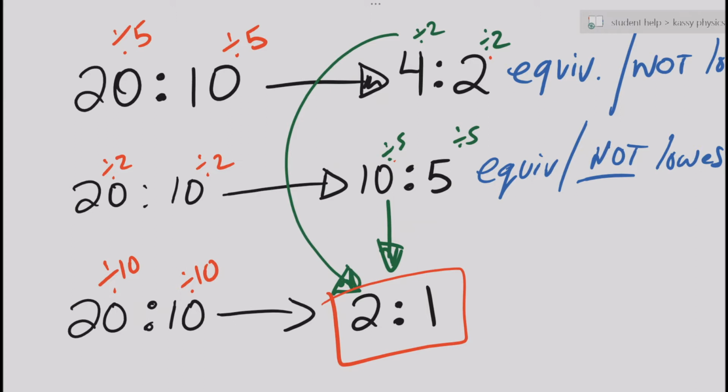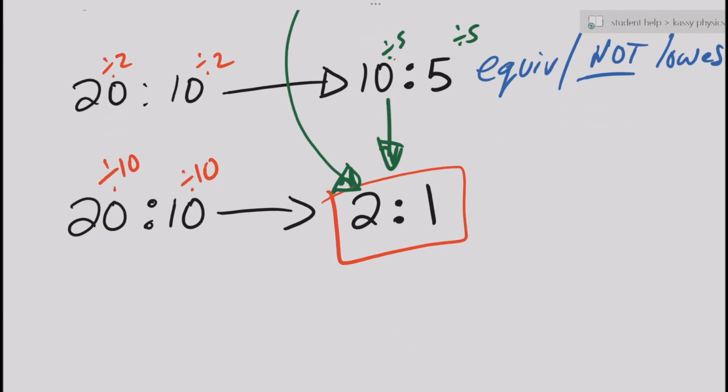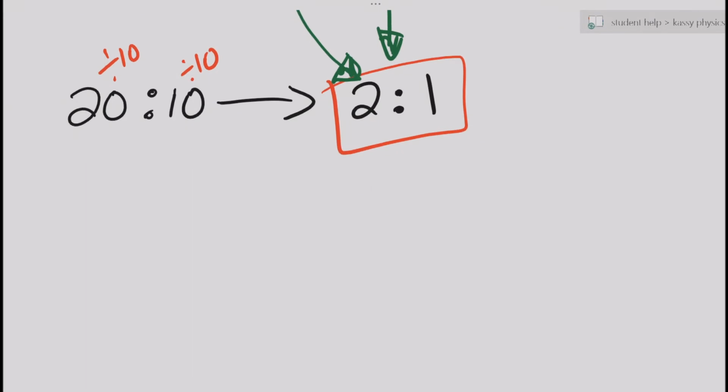The thing is, you can do it in multiple steps. It's okay to get to lowest terms through 3 steps, 4 steps, 5 steps, whatever, however many you need to get there. Let me give you an example. 80 to 20.